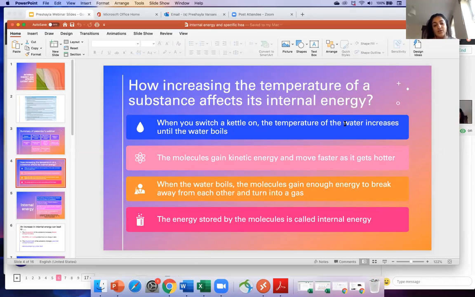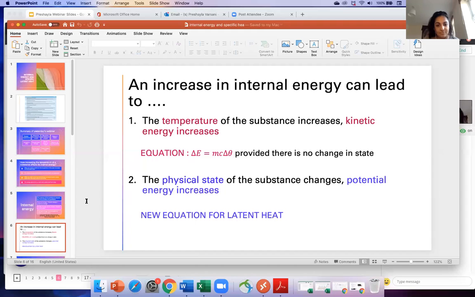Okay, so the energy stored by the molecules is called internal energy. As we increase temperature, we increase kinetic energy, we increase speed, and they therefore have enough energy to break their bonds. So an increase in internal energy can lead to one of two things.